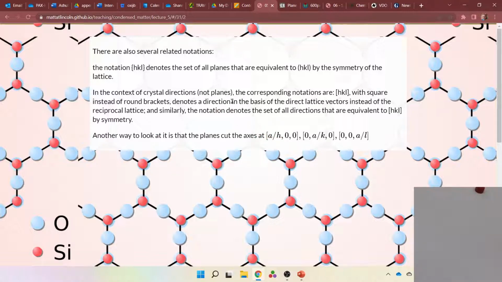So for those I showed, the 1, 0, 0 cuts the x-axis at a, but it cuts the next one at a divided by 0, so at infinity, so it never cuts the other axes. The coordinates at which it cuts the axes are given by the relevant lattice vector divided by the index. And that allows you to draw up these different families of vectors.